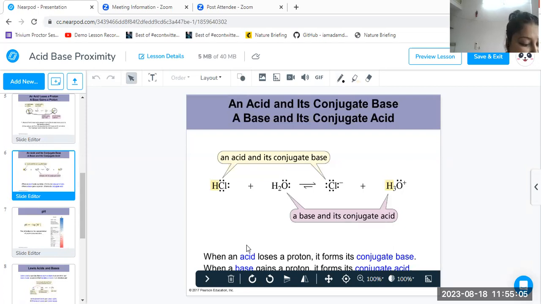You can see that the chloride ion that is left has a negative charge. The hydronium ion is produced when a proton is combined with a neutral water. So the HCl is not just losing a hydrogen; it's losing a proton. Based on the products of the reaction, we can easily come to this conclusion.